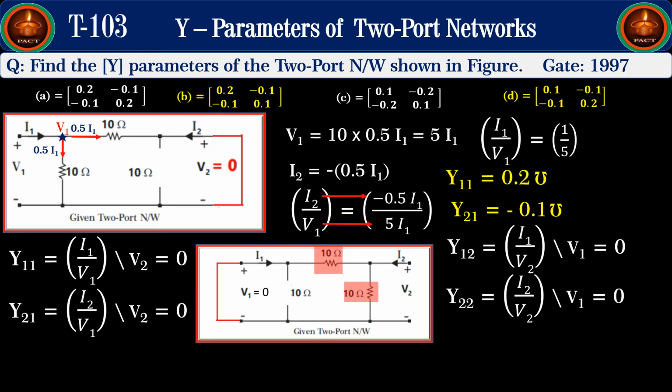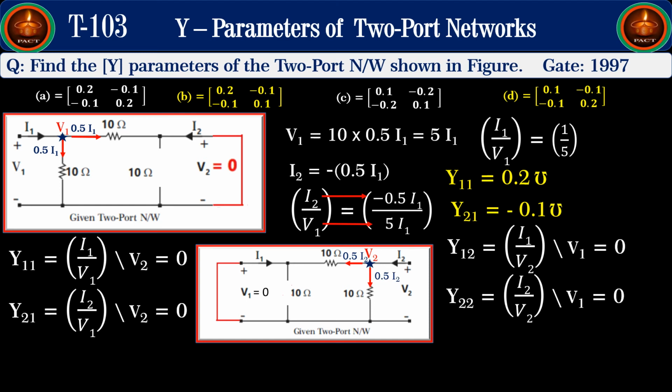Now, to find the ratio of I2 by V2, you see that these two 10 ohm resistances are in parallel, and by writing the KCL for node V2, we get the current flowing through this 10 ohm is 0.5 I2 and the current flowing through this 10 ohm is 0.5 I2.